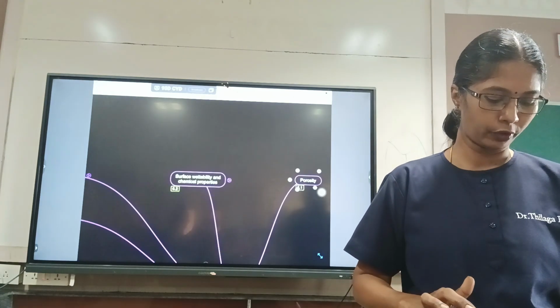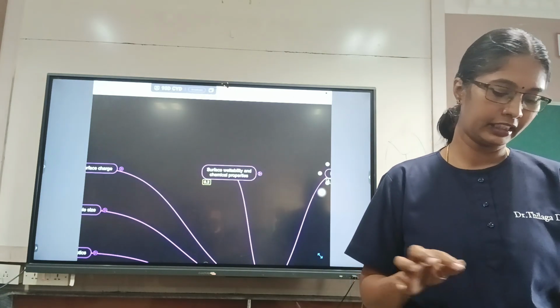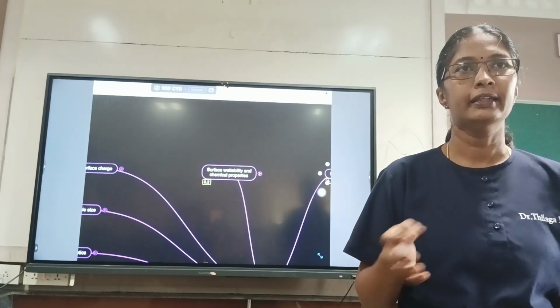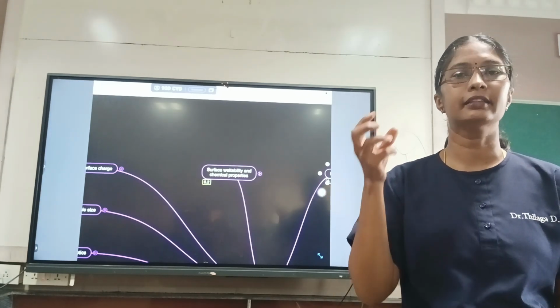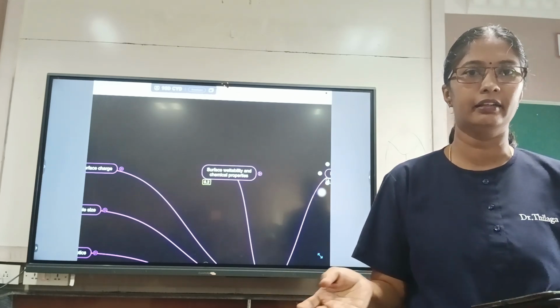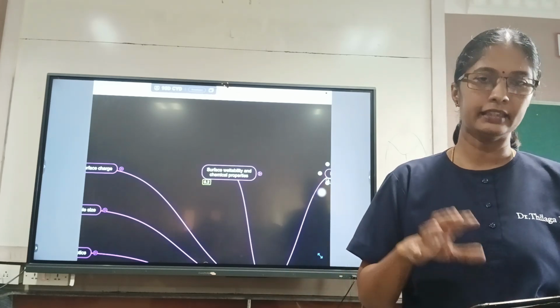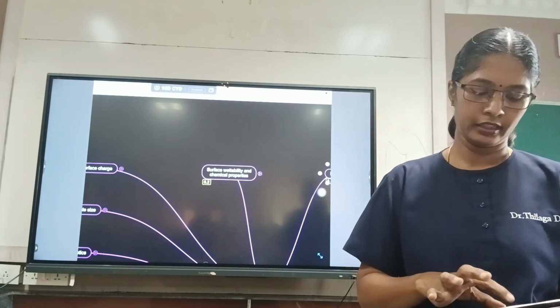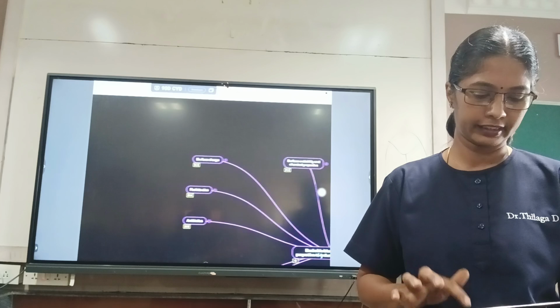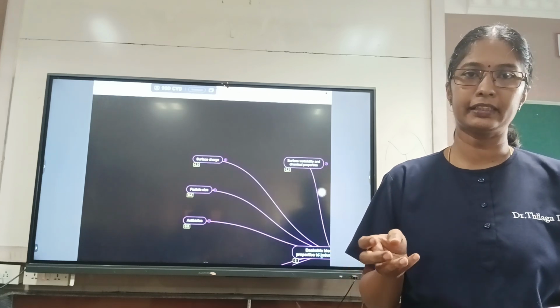So we need to know the porosity, and the surface wettability and chemical properties. Surface wettability, whether it's hydrophilic or hydrophobic. In a hydrophobic biomaterial, the proteins might open up and the fold is not formed properly and the proteins cannot adhere to the biomaterial. So we have to develop a hydrophilic scaffold, and the surface charge also plays an important role.